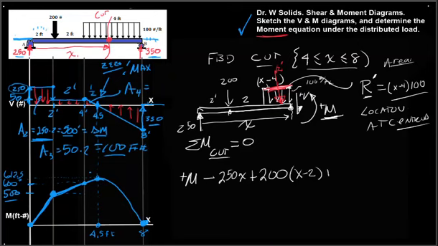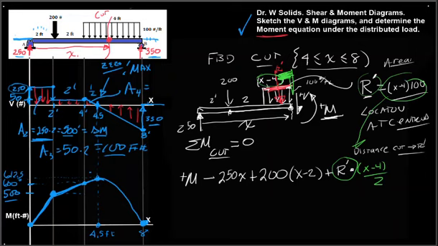And it's also positive. So we have R prime times its distance from the cut to R prime. And that distance is right here. So it's half of X minus 4. This would be X minus 4 on 2. But keep in mind that R prime is X minus 4 times 100.